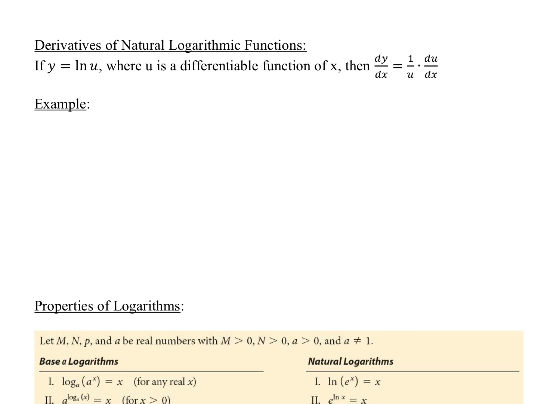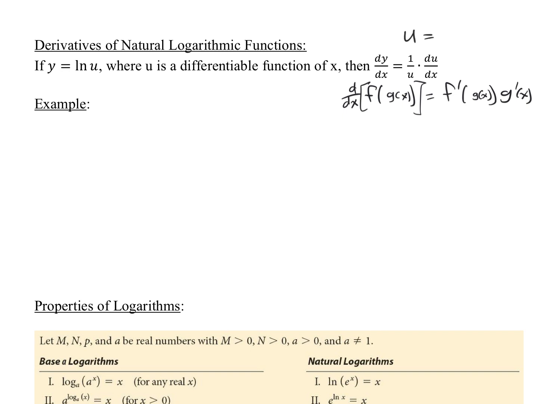So you may be used to seeing the chain rule written out as the derivative with respect to x of f of g of x is equal to f prime of g of x, and then g prime of x at the very end. And this is the same relationship.